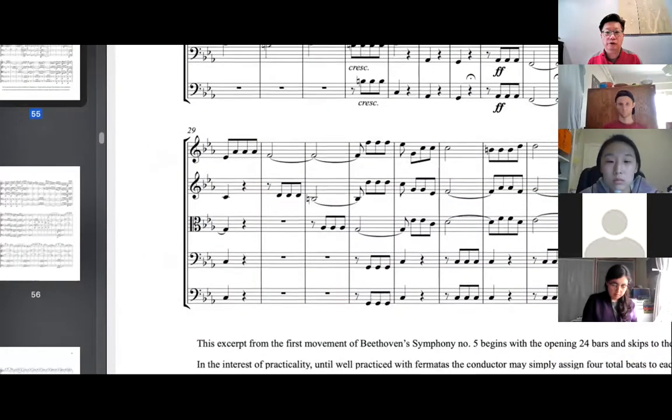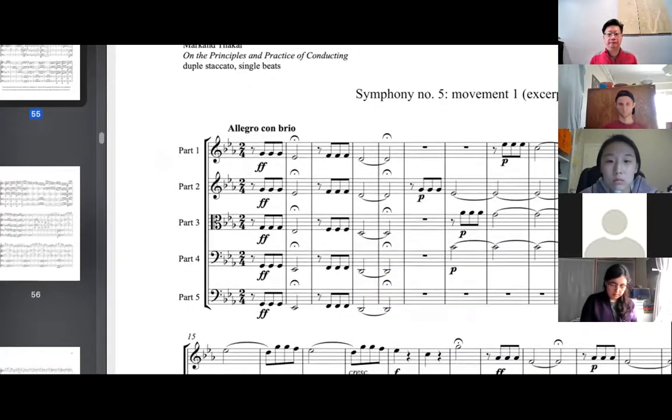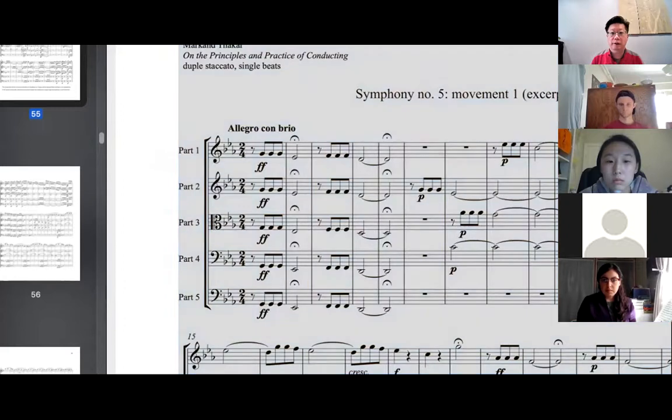And then we're going to go to the Beethoven 5 excerpt. I would love to see everybody conduct, but I'm going to notate things a little bit because I want you to actually look at the section. It's not letting me notate. There we go.